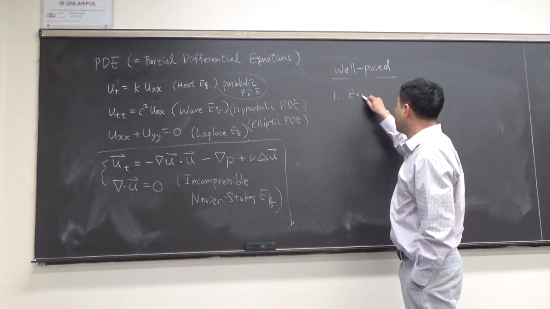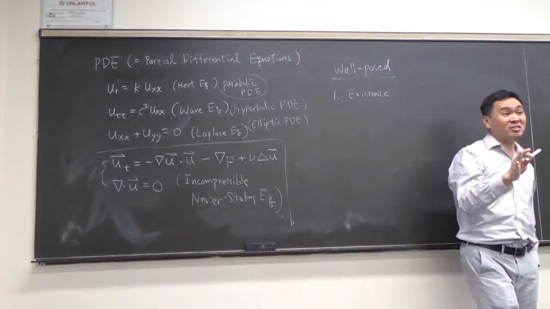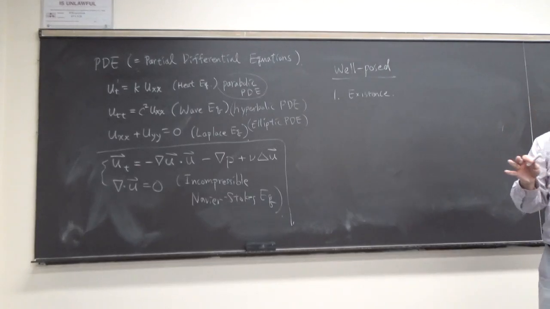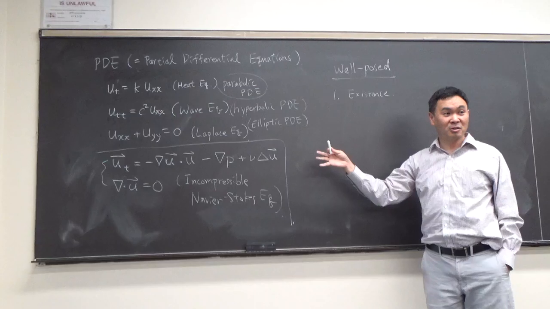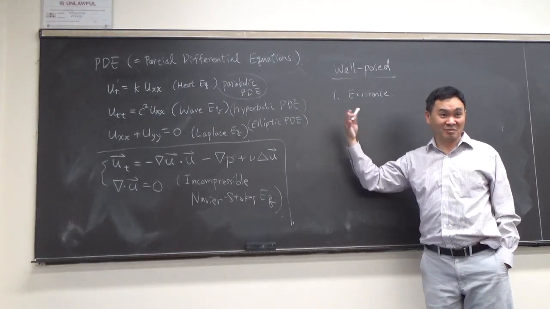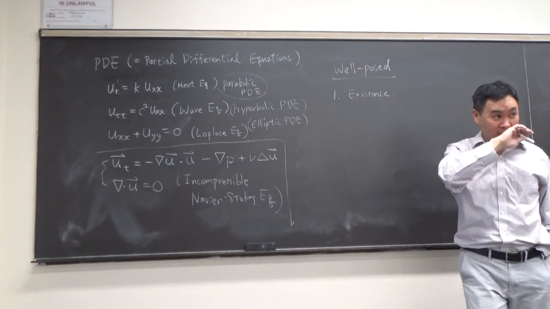Existence. If you know that the solution exists for the problem, that's a good thing, right? If you don't know, then when you try to solve it, you're trying to solve a question where you don't know if the answer exists or not, right?